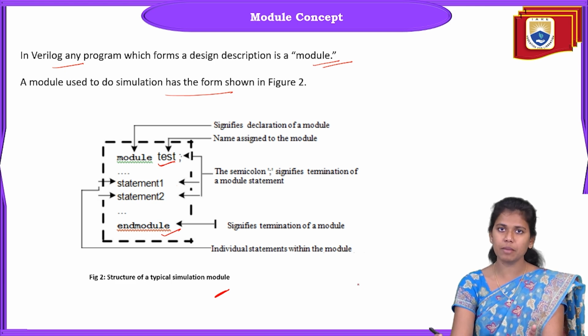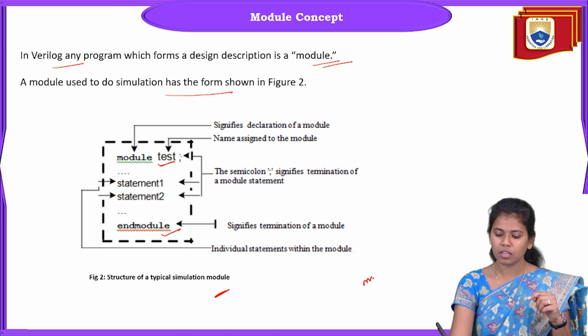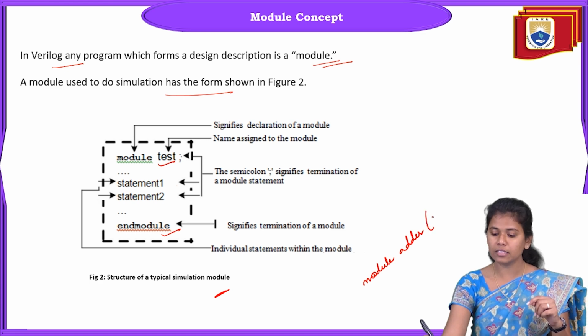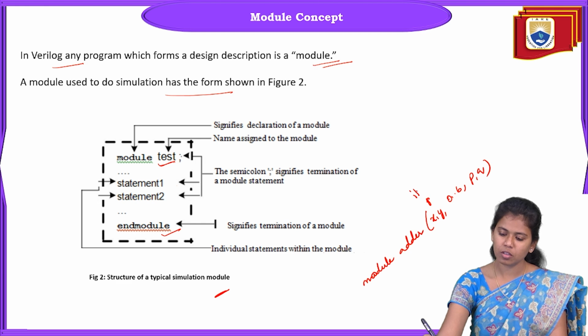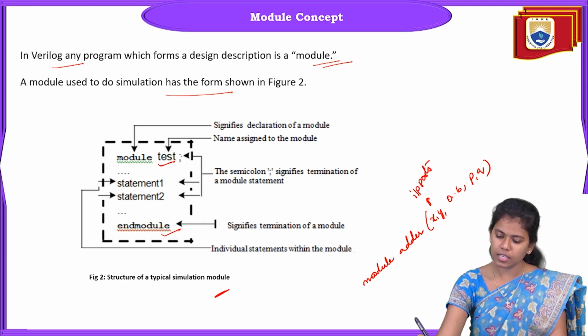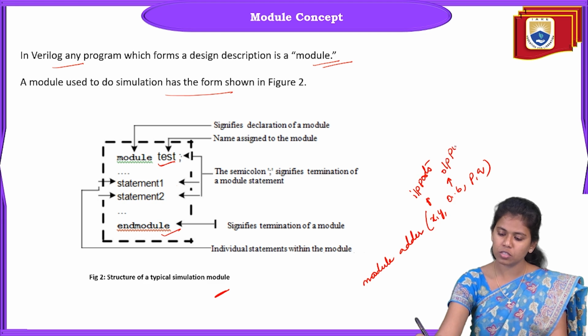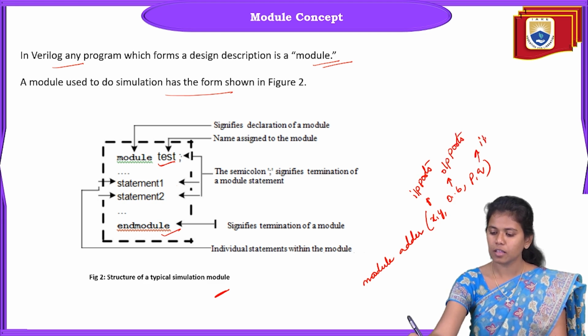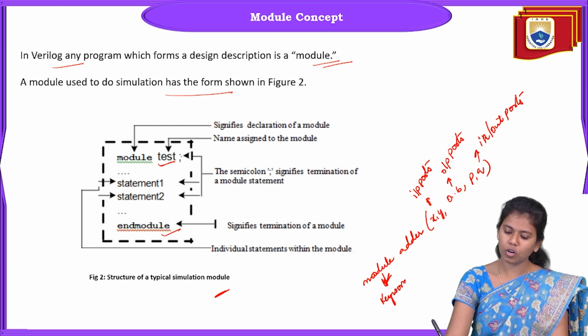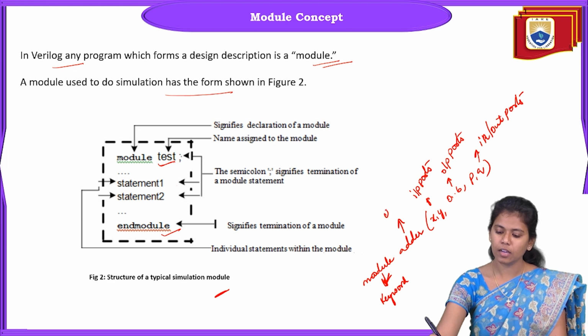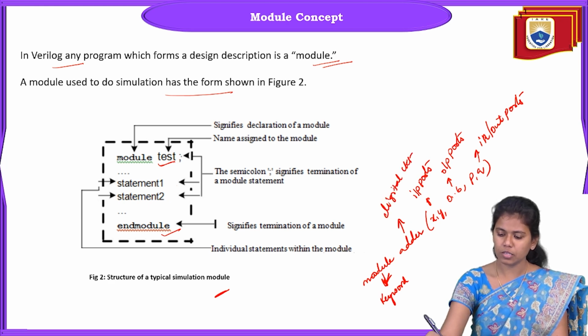In the previous example, I discussed a figure with a module adder, consisting of input ports X and Y, output ports A and B, and in-out ports P and Q. So this is the keyword module, and this is a digital circuit.